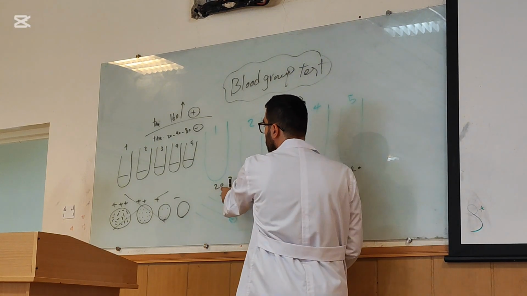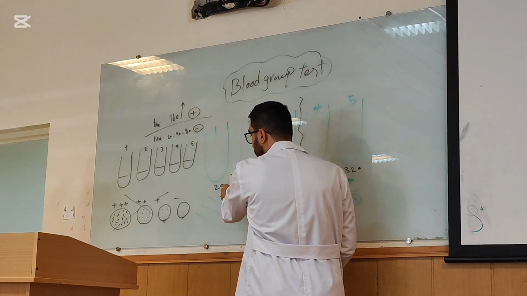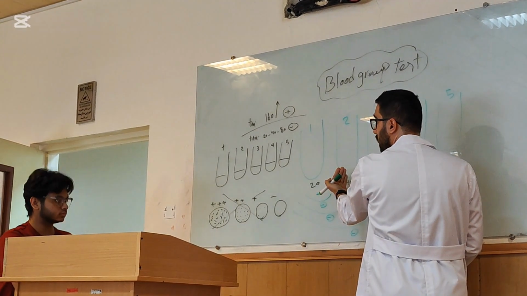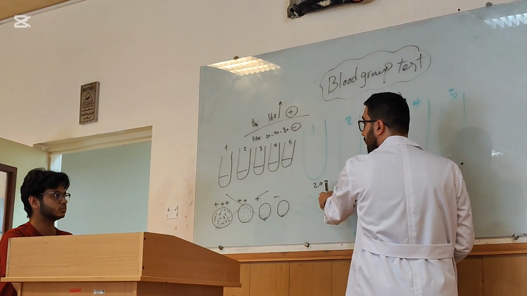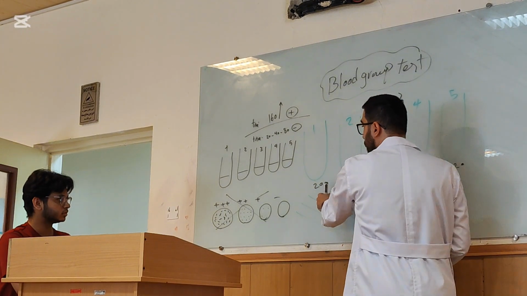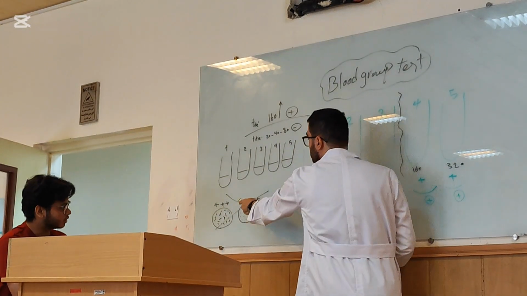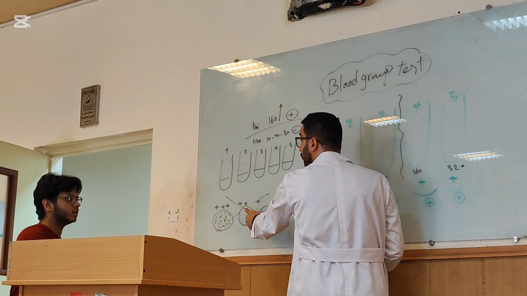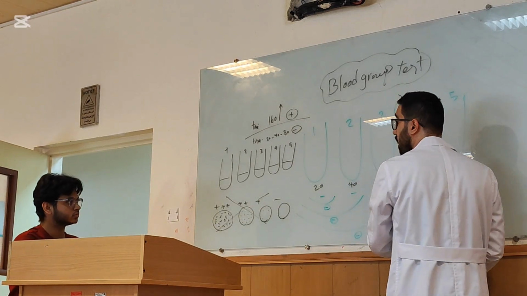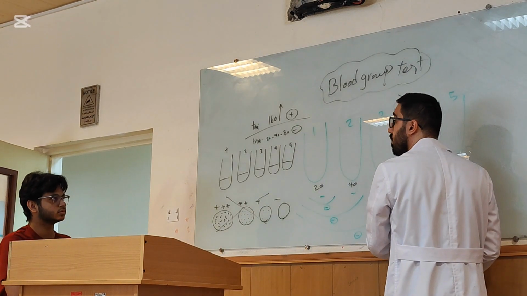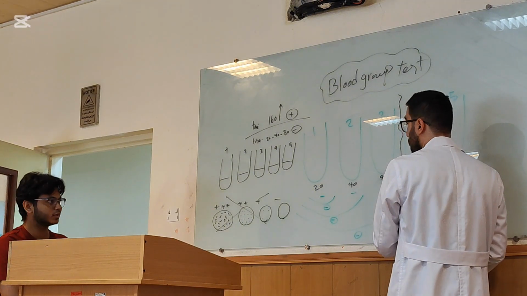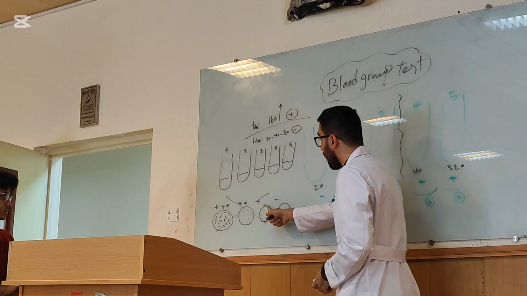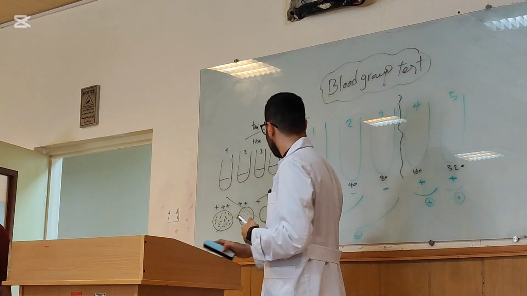The titer is 20, and the titer is less than your borderline. That means we call it negative. This positive and negative is based on the volume of agglutination, while this positive and negative is the answer of the test: patient or not patient. Forget that.